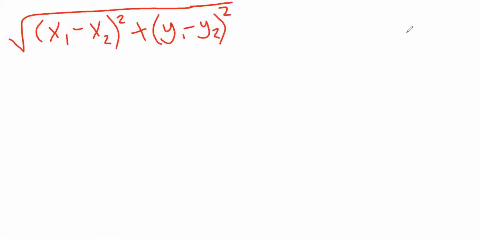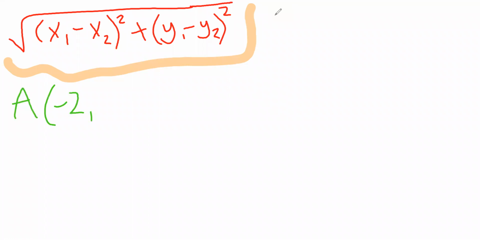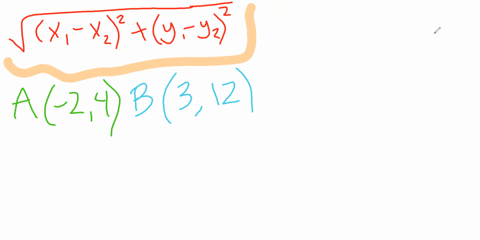Let's go ahead and give it a shot with an example. So let's go ahead and use the same values if I can remember them correctly. I think this was -2, 4. And for B, I had used 3, 12. I don't remember. If not, it's perfectly fine.